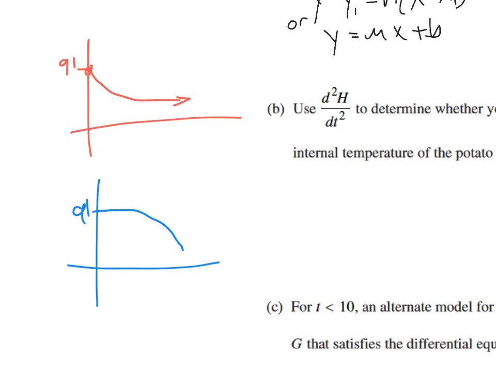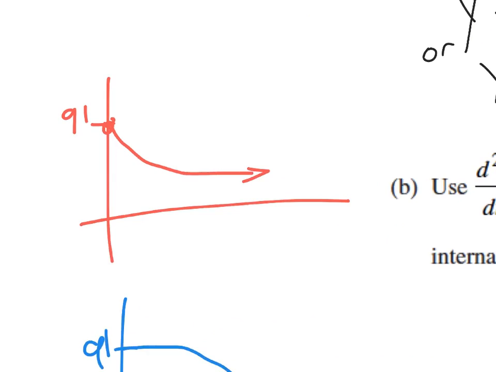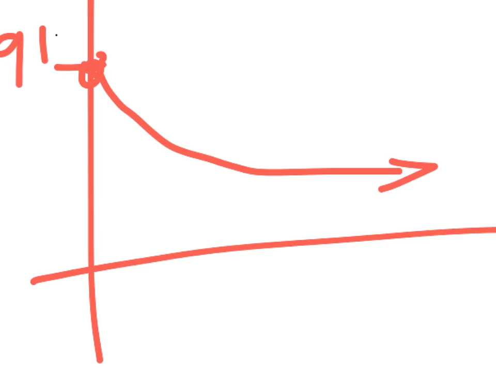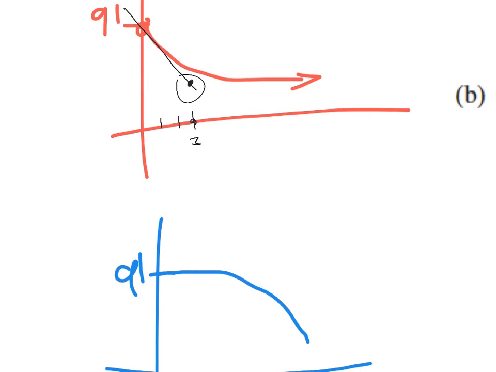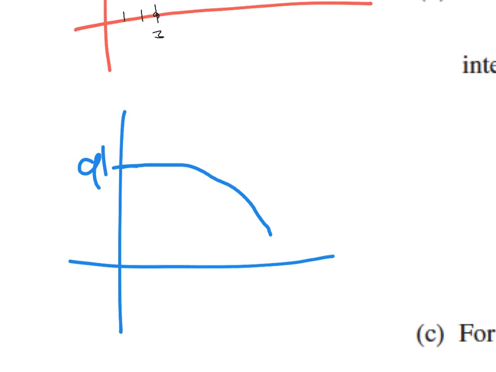So the idea is that we said there's a tangent line that comes through here. 1, 2, 3, okay? And so we said, well, this is our approximate. So if it's concave up, then we have an underestimate.